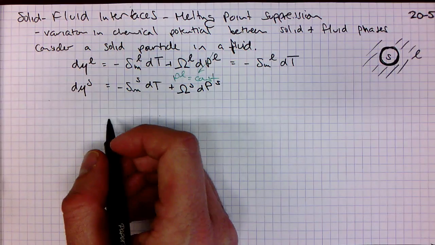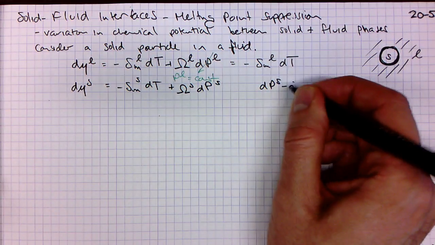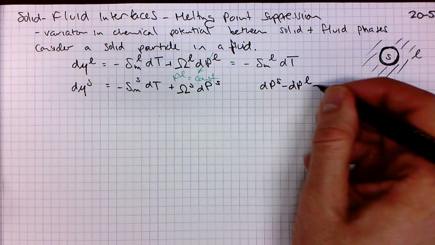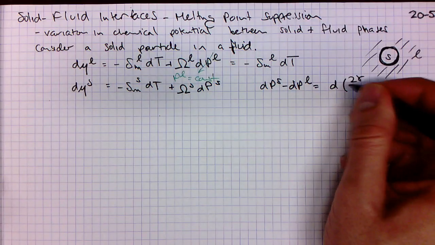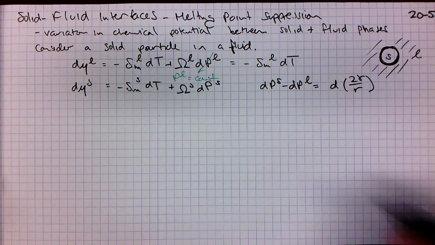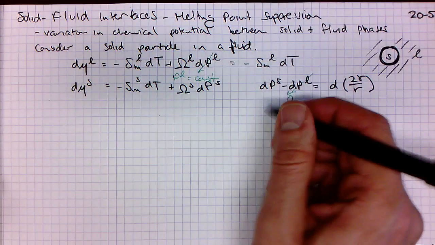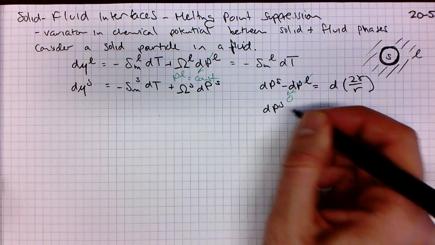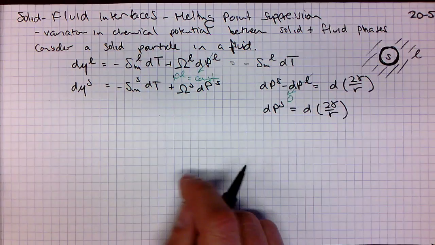So dP_S minus dP_L has to equal d(2 gamma over r). That's our Laplace pressure. And we said dP_L is 0, so the change in pressure of the solid due to the interface is going to be 2 gamma over r.